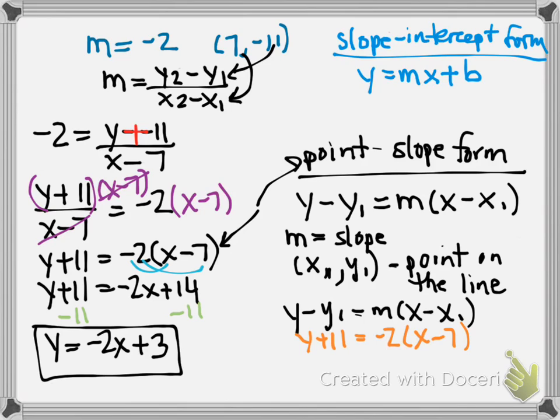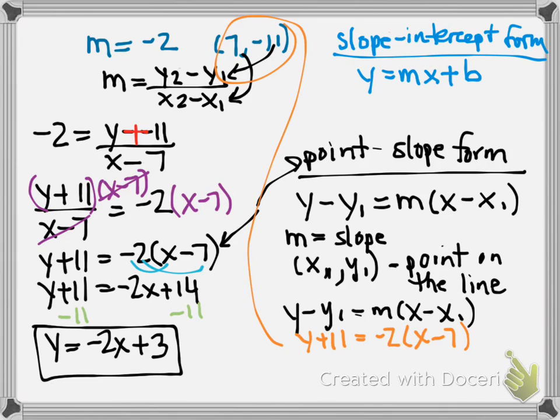And if you recall, that's the ordered pair we used: 7, negative 11. So what is the difference between the generic form and our specific one? What do you see that doesn't seem to match up?